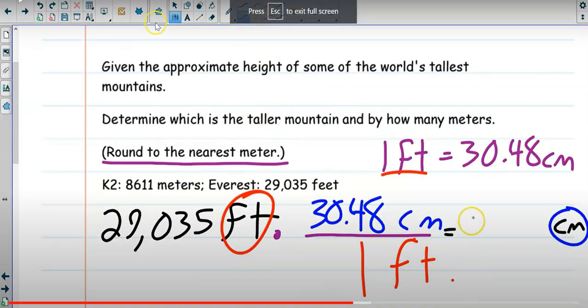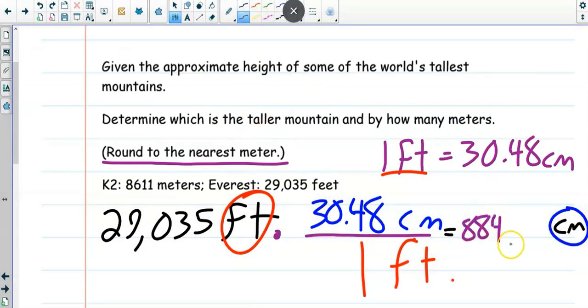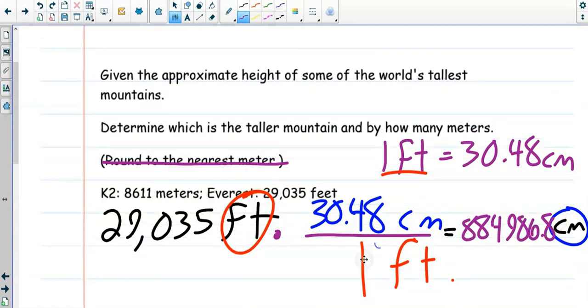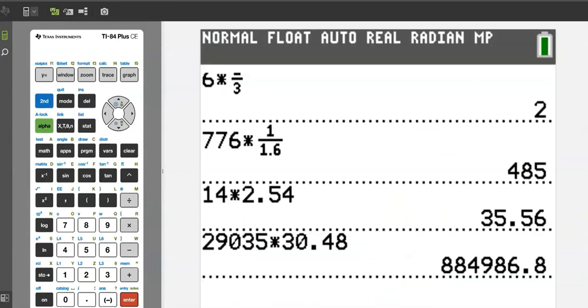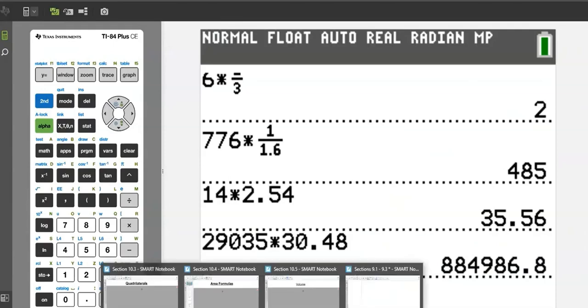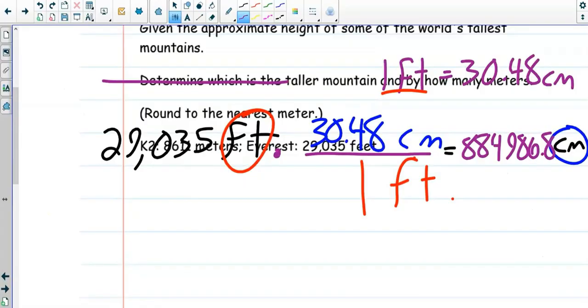So our answer, 884,986.8. Let me just double check that again. I can view it right here. 884,986.8. Cool, so it matches.